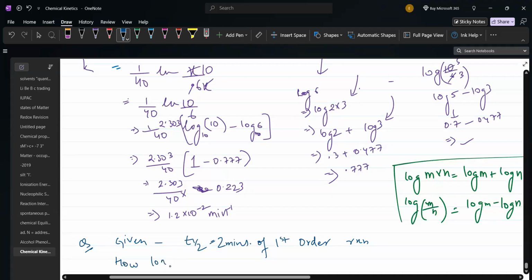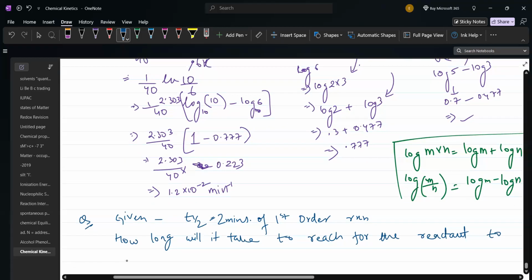How long will it take for the reactant to reach 10% of its initial value?